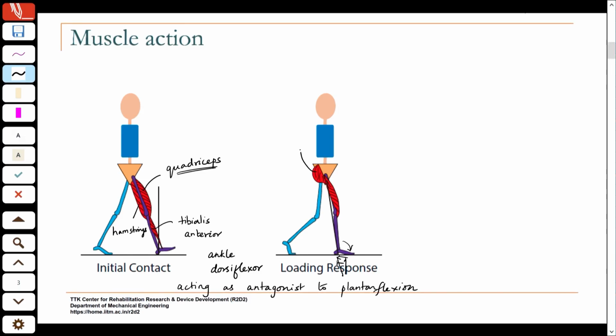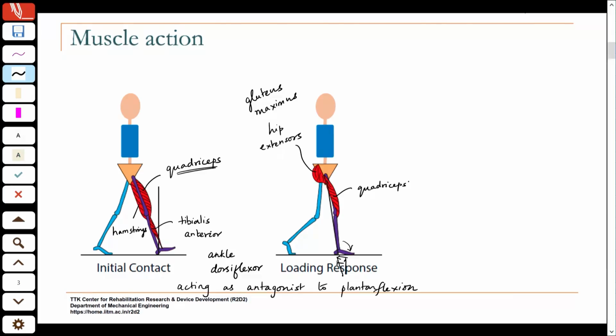Then you also have activity of the hip extensors, which is the gluteus maximus, and the quadriceps, because now stabilizing the knee becomes important.